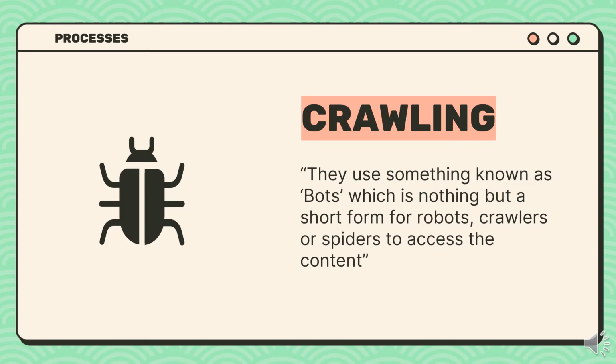That is nothing but a short form for robots, crawlers or spiders to access the content. So, the entire process of bots all the time is to just scan multiple pages, visit and revisit multiple linked pages and come across content that can be indexed on Google.